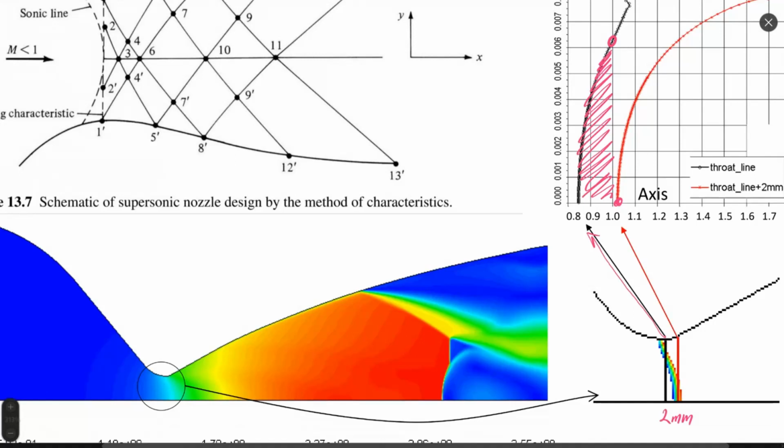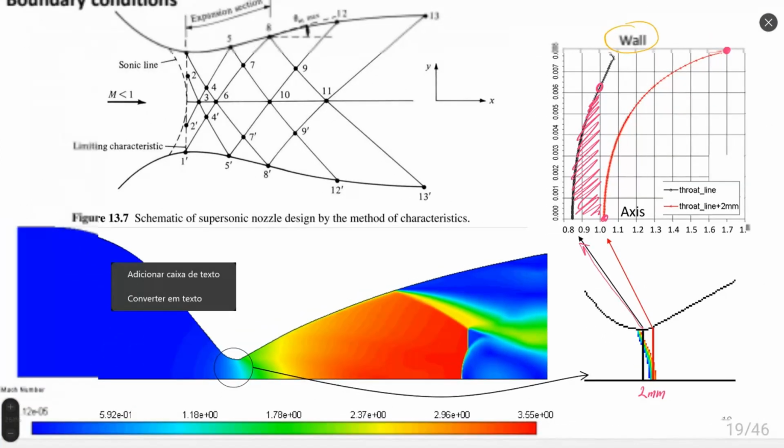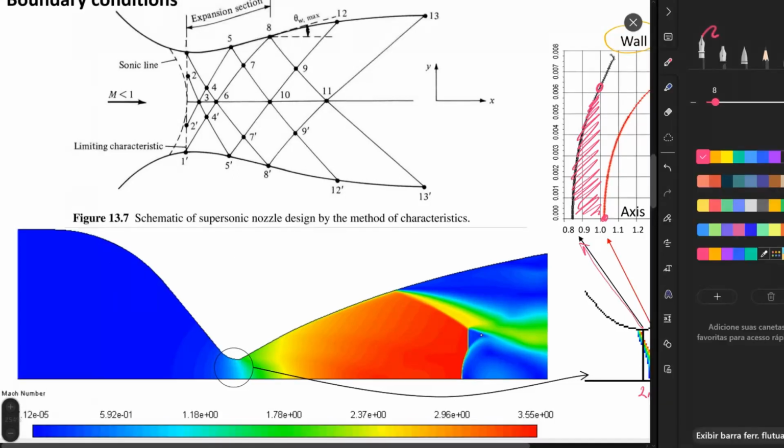So by this picture, I would like to say that in my personal opinion, it is not so important at which point exactly you start the calculation, at a point exactly on the throat or at a point just 2 millimeters after the throat. Since we have a huge variation of Mach number in a very limited range, you can start with practically any value from 1 to 1.7 to have a linear approximation.